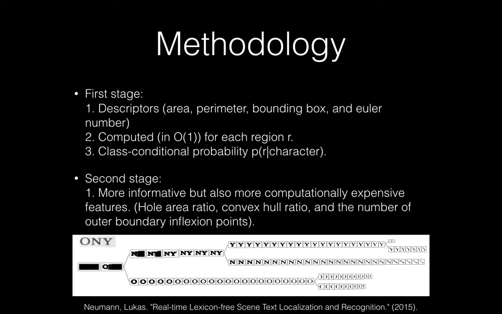In the second stage, you want to be more accurate, so they put in more computationally expensive features such as hole area ratio. Like the O has one hole, the hole area ratio can be computed from that, and convex hull ratio, and some numbers about outer boundary inflection points.